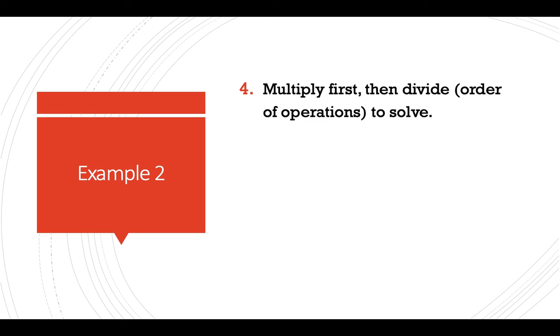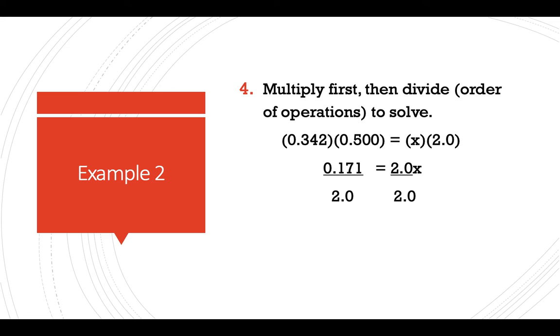When we start doing the math, again, we multiply first and then divide. If I multiply out both sides of the equation, I end up with 0.171 equal to 2.0x. To solve for x, we need to divide both sides of the equation by 2.0. That way the 2 cancels out and I'm left with x. So x is going to be equal to that new molarity, the molarity of my diluted solution, which is 0.0855 in the calculator.